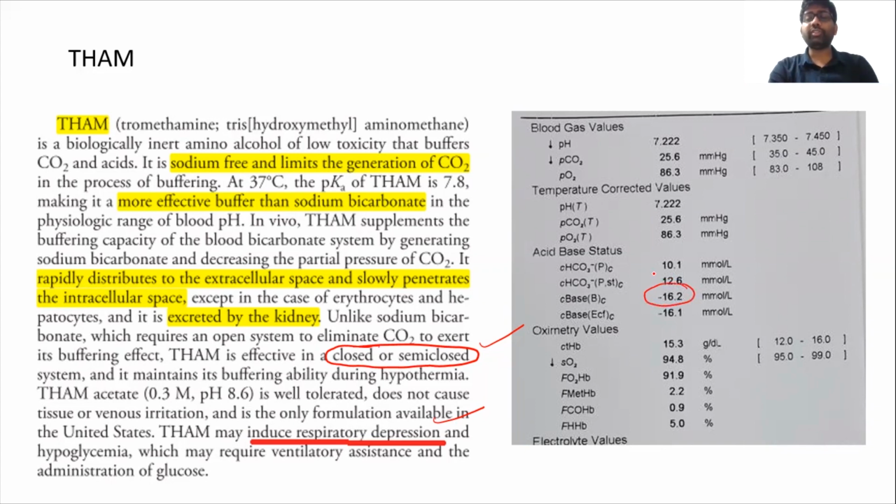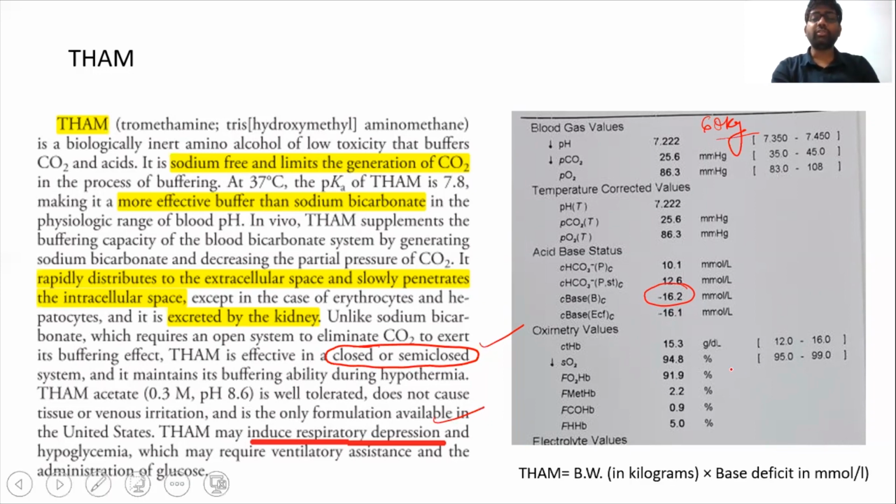So if you have to decide how much THAM to be given to this patient, they might give you an ABG and tell you that this is a 60 kg gentleman with a base deficit of 16. If you are asked to give the THAM dose to this patient, then what is the amount of THAM dose that you will be giving?